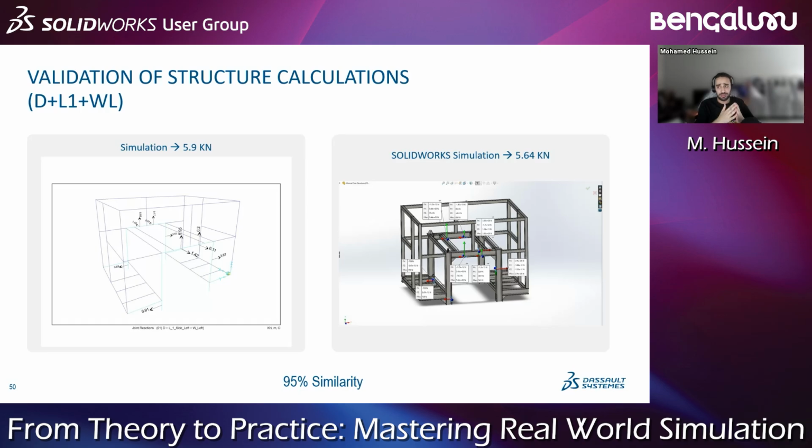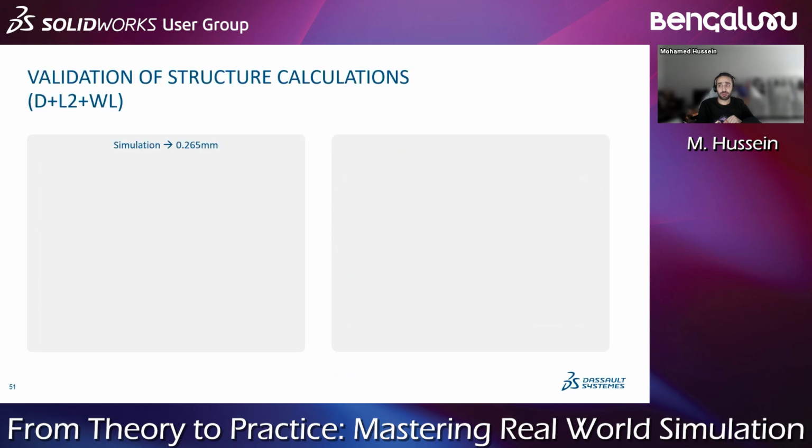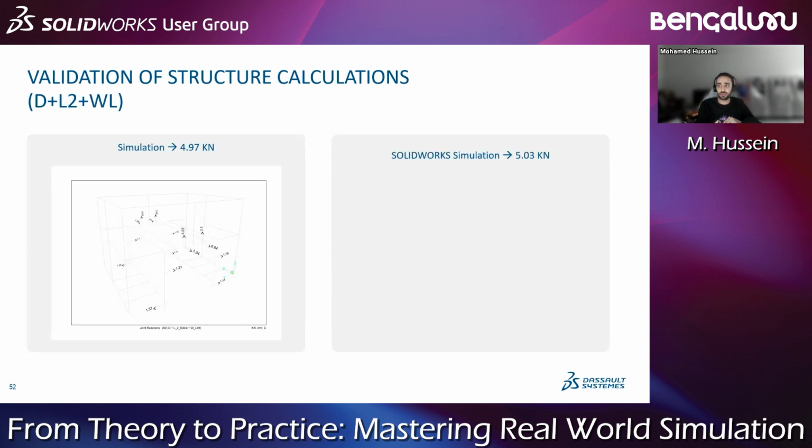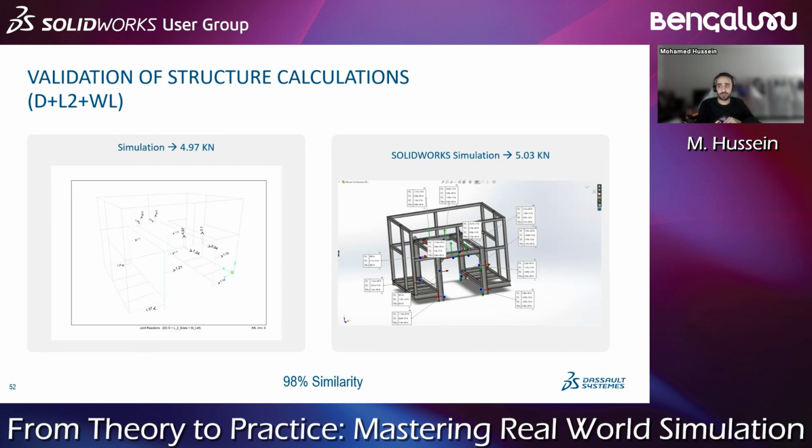In our third party platform, we have 5.9, which is around 95% similarity. Again, for different cases, we have 0.265, where we have 0.277, which is 96% similarity. And what we have here is almost 98% similarity.